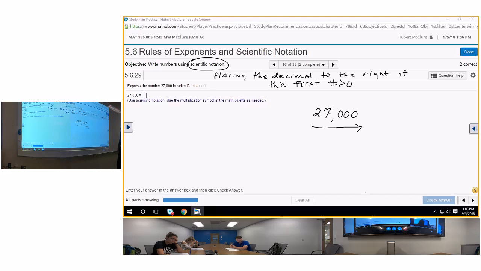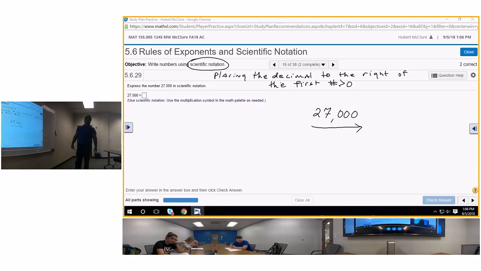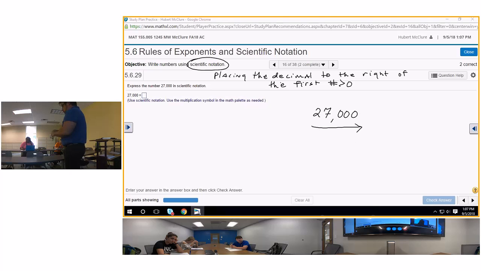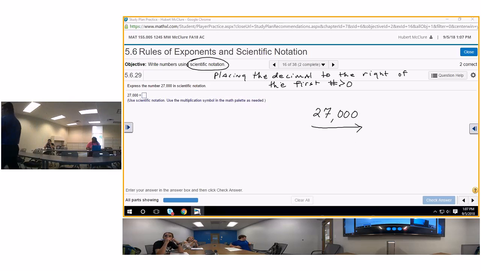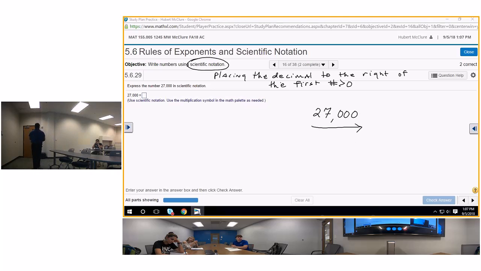On a whole number, where is the decimal on any whole number? It's not in front of, it's where? Behind it. So where is the decimal, even though you can't see it, on this whole number?